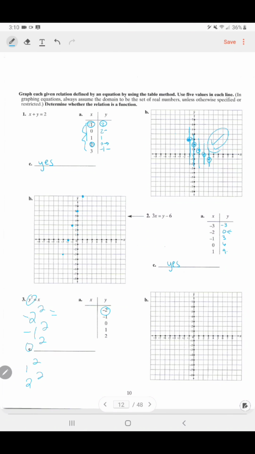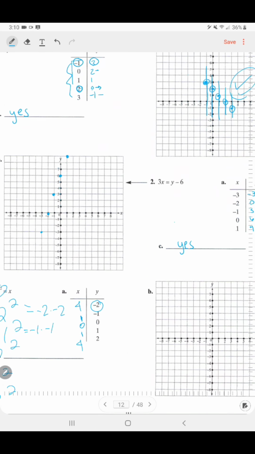So negative 2 squared is negative 2 times negative 2, which is 4. Negative 1 times negative 1 is positive 1. 0 times 0 is 0. 1 times 1 is 1. 2 times 2 is 4.